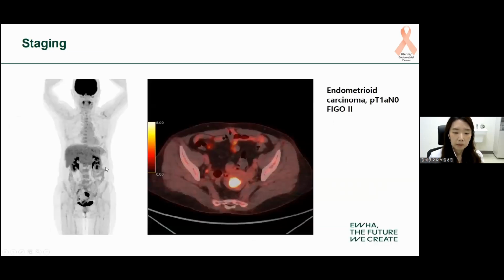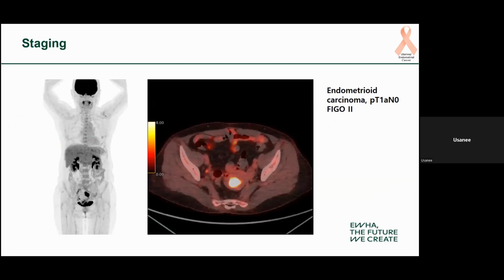So this is a case of the role of FDG PET/CT in a clinical situation. First, it is for staging. The patient had a mass lesion found in the uterus. So for staging and diagnosis, FDG PET/CT was performed.